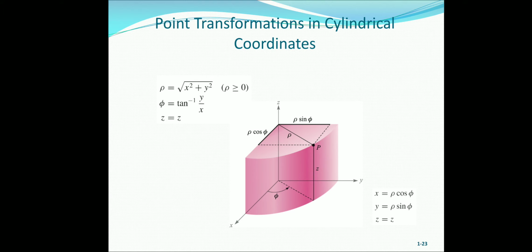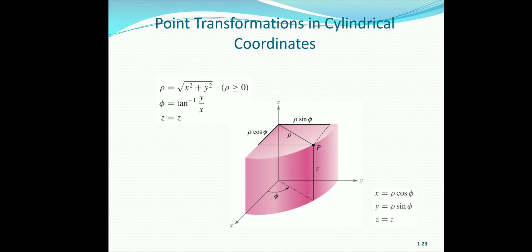So along the y direction the rho component is rho sin phi, and along the x direction the rho component is rho cos phi, and z is the same as in the rectangular coordinate system. So we can write the relation as x equal to rho cos phi, y equal to rho sin phi, z equal to z itself.